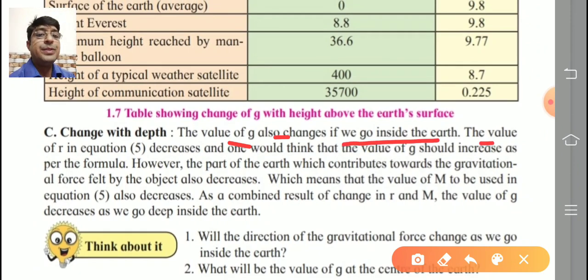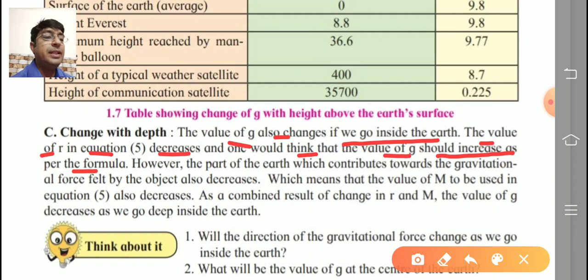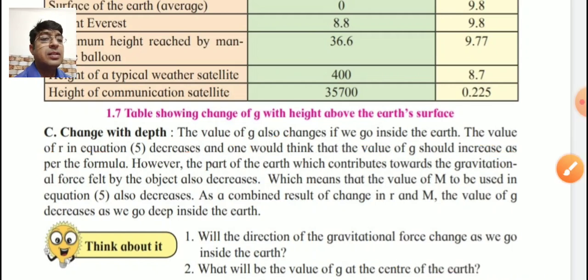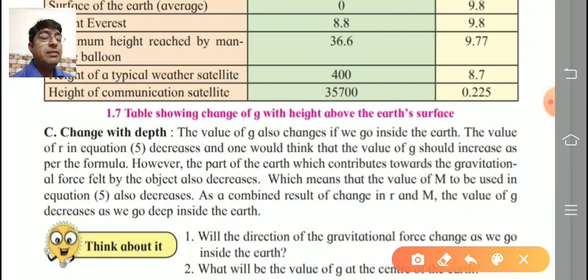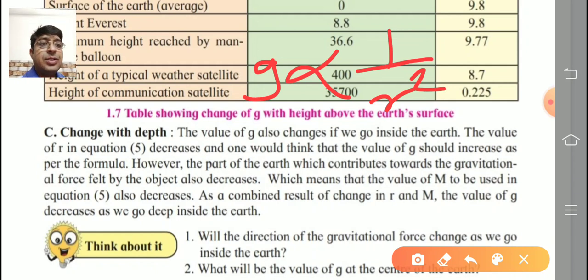The value of small r in equation number 5 on the previous page decreases, and one would think that the value of small g should increase as per the formula, because g and r are inversely proportional to each other. So radius decreases, value of g increases. That is a simple concept, inverse variation, like in mathematics we learn.